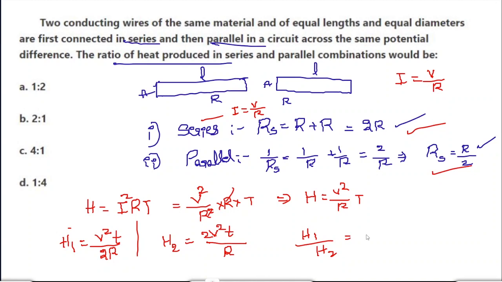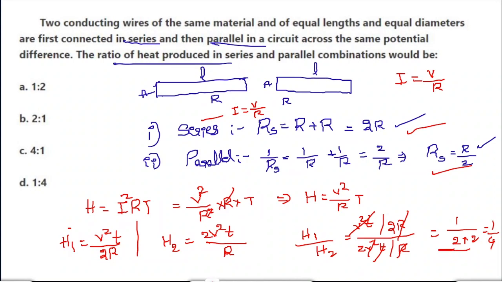H1 is V square T by 2R. And H2 is 2V square T by R, right? So V square T gets cancelled, R gets cancelled and we are left with 1 by 2 into 2. So simply it is 1 by 4. Got it? So this is how we can find it. So 1 by 4, that is nothing but 1 is to 4.